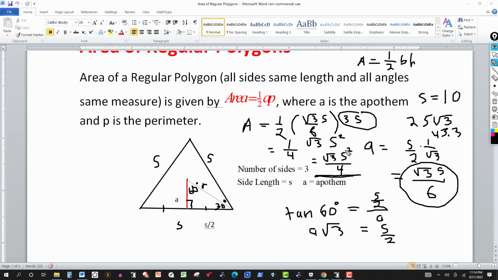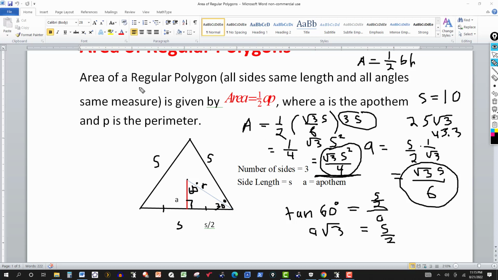So again, this formula I derived in an earlier video, but I didn't use the apothem here, and I came up with this formula. So this tells you that you can use this formula to find the area of any equilateral triangle if you know the side. They're all the same, right? So you know one, you know them all, and just plug it into this particular formula.